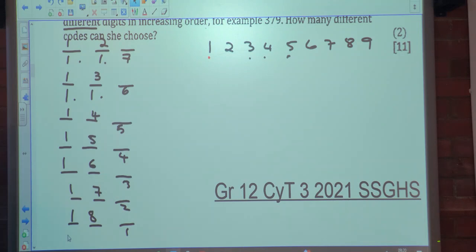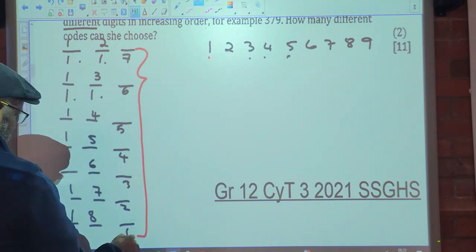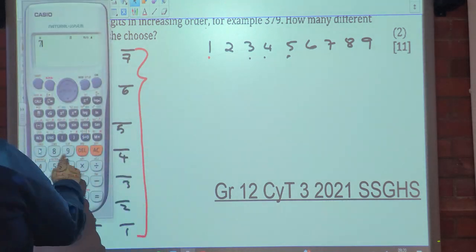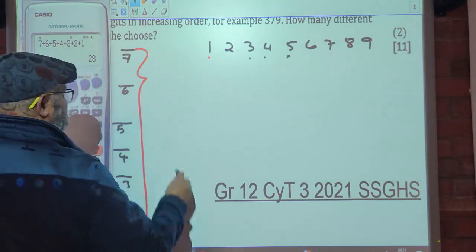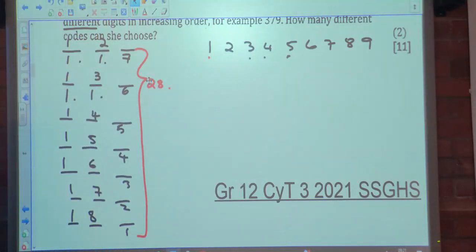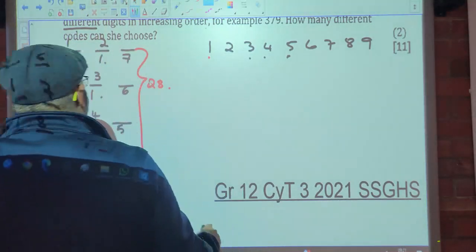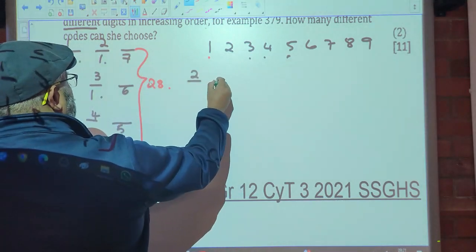So if I add all of this together, 7 plus 6 plus 5 plus 4 plus 3 plus 2 plus 1, they give me 28 options here. Okay. Now let's go with this: if the number starts with 2, then the next one has to be a 3.